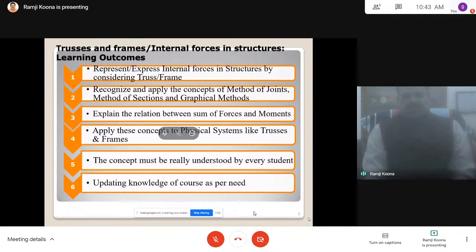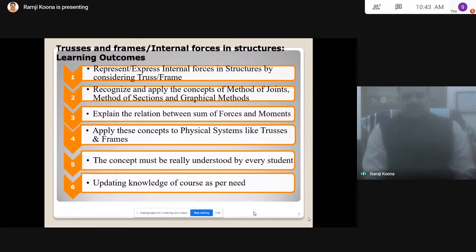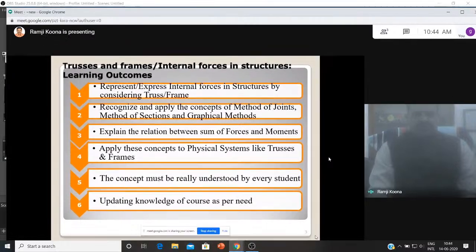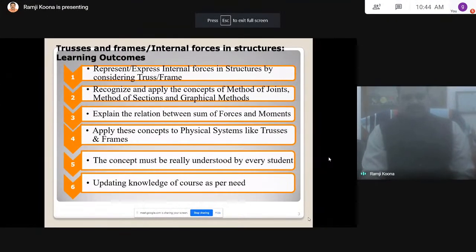Apply all these concepts to trusses and frames today. You have to understand the concept. Then it is no problem whether it is GATE or UPSC, whatever. The concept should be clear, and update the knowledge from time to time and apply it to the physical system. These are the learning outcomes we are going to get from today's class.